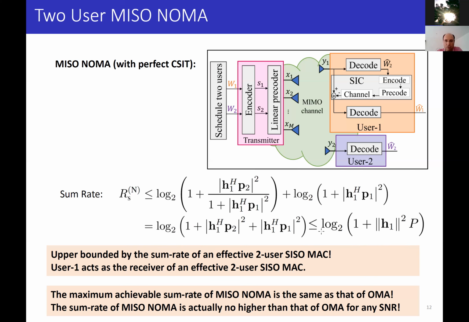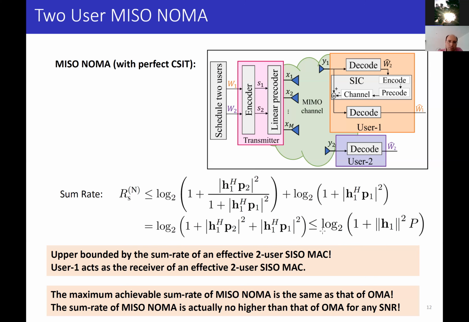So there is no benefit in having MISO-NOMA when you look at sum rate. And you have a multiplexing gain or degrees of freedom that will be equal to 1, because here you transmit effectively only one interference-free stream in the system.